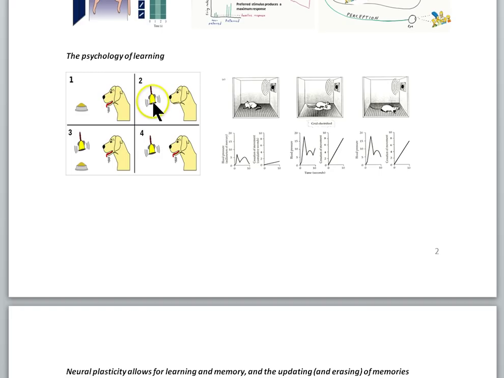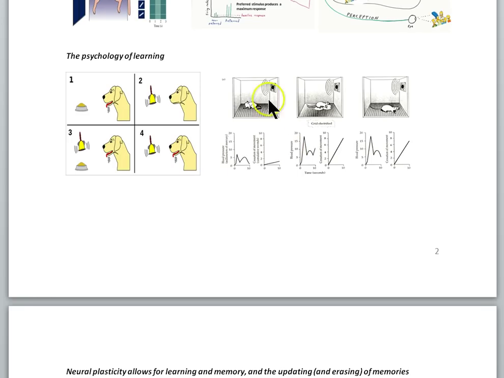The bell would be the conditioned stimulus, and notice at first it's not generating a response in the dog. But in picture 3, we're going to pair the bell with the food, bell, food, repeatedly. Now, initially, the dog is salivating because of the presentation of the food, but over time, the association of the bell with food will lead the dog to salivate at the bell alone. This is the conditioned response.